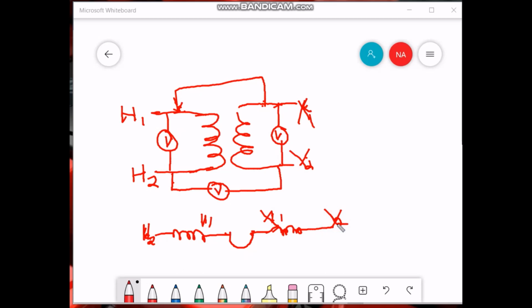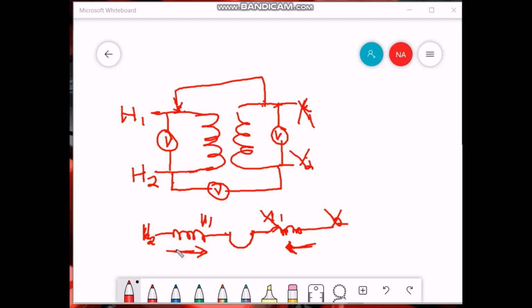Now, as you can see, if the polarity is this way, one voltage coming from this side and one voltage coming from this side, then the polarity will be subtractive. This voltage will be subtracted from this voltage.